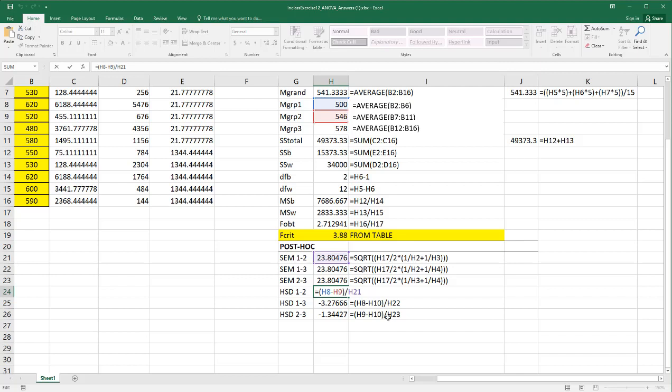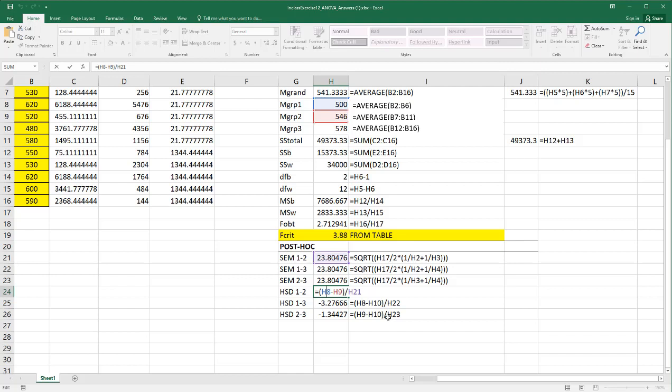We then take that error term and it's going to become our denominator, and our numerator, very much like the t-test, is going to be the difference between group 1 and group 2, or group 1 and group 3, whichever groups we're comparing, contrasting, divided by that error term, whatever the error term is that's appropriate.